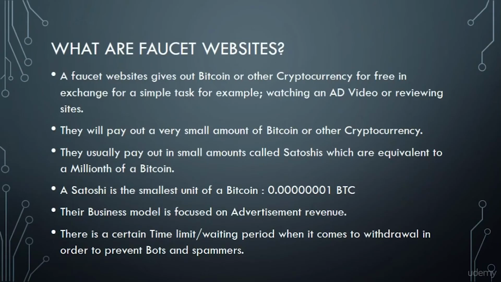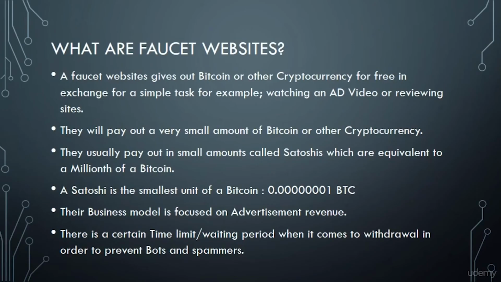The other feature of these Bitcoin faucet websites is that after you've performed a few of these tasks, they don't allow you to withdraw the amount of Bitcoins that you've earned. They want to make sure that you're using this service in the long term rather than the short term, because in the past there have been many cases where the sites have been spammed with bots.